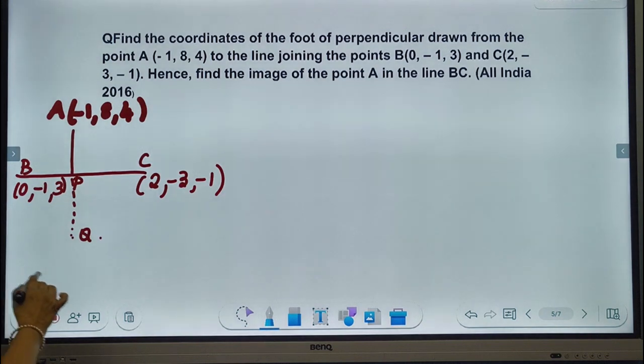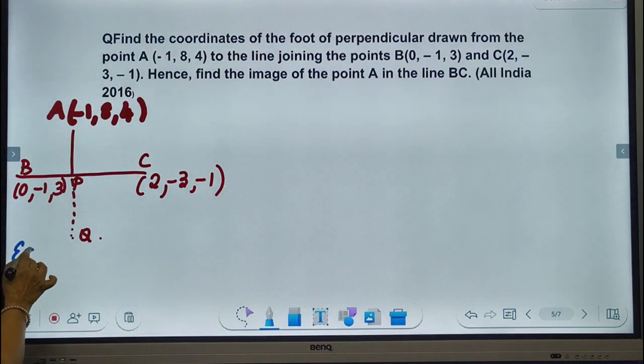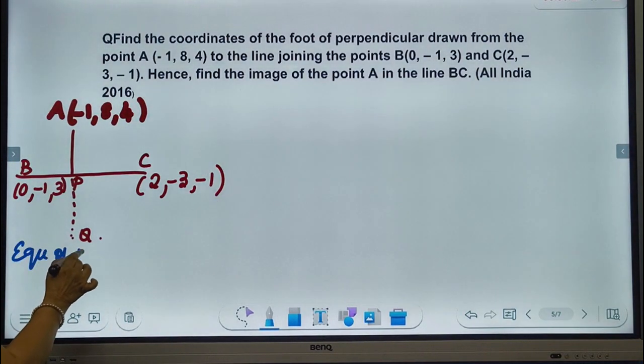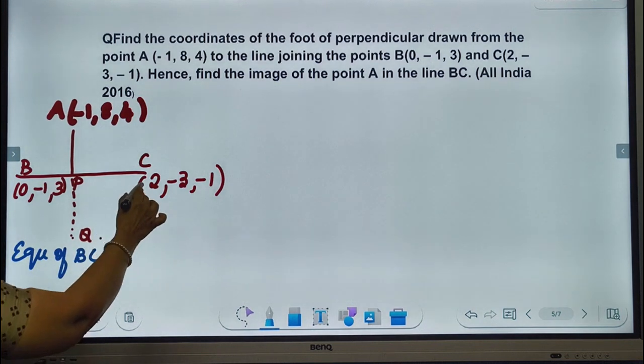Let us first write down the equation of BC. Now the equation of BC in two-point form is (x minus x1) by (x2 minus x1) equal to (y minus y1) by (y2 minus y1) equal to (z minus z1) by (z2 minus z1).